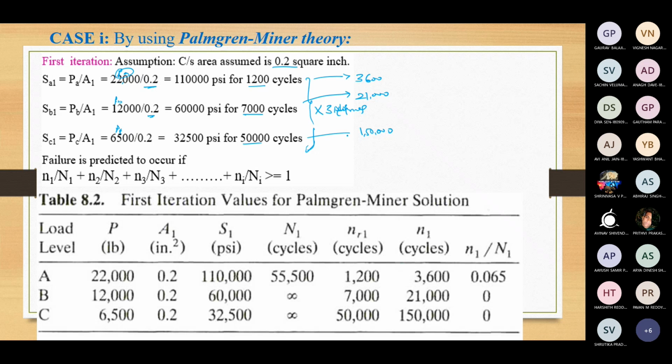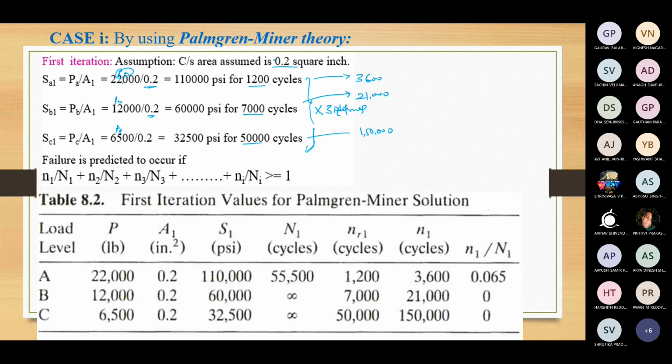As we know, in the case of the Palmgren-Miner rule, or linear theory, the sequence effect is not considered. It doesn't matter in what sequence you are applying, as far as the linear rule is concerned. It will not give us the sequence effect.